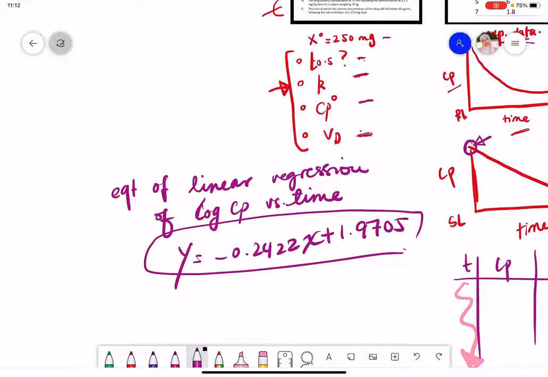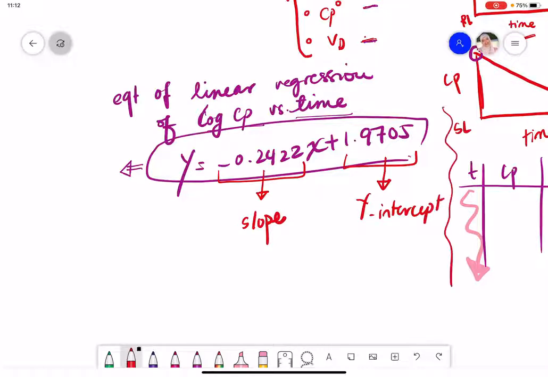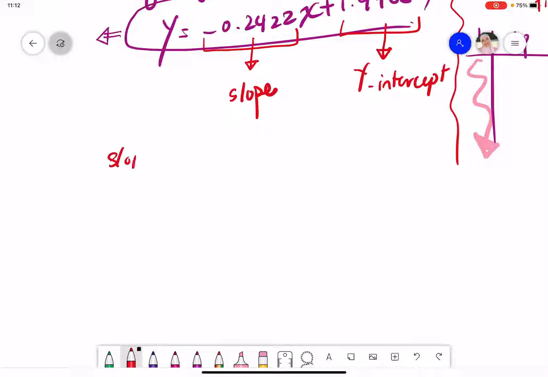Again, this is from log CB versus time, so you can use this and you can use this too. This is the slope, and this is the y-intercept, right? So the slope equals minus 0.2422.